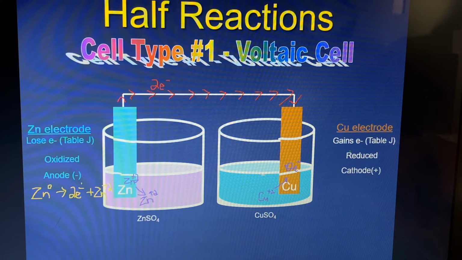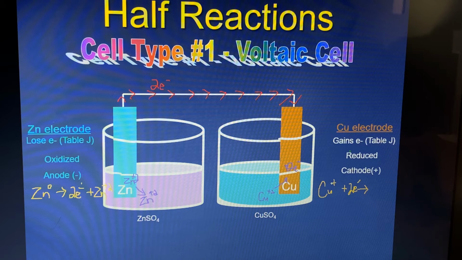Once again, I'm going to write my arrow. Now I'm gaining 2 electrons on this side, so I'm going to put the electrons on the left side of the arrow. That's how I know. Now what's gaining 2 electrons? Is it the copper atom or the copper ion? What the electrons are actually reacting with here is the copper ions from solution.